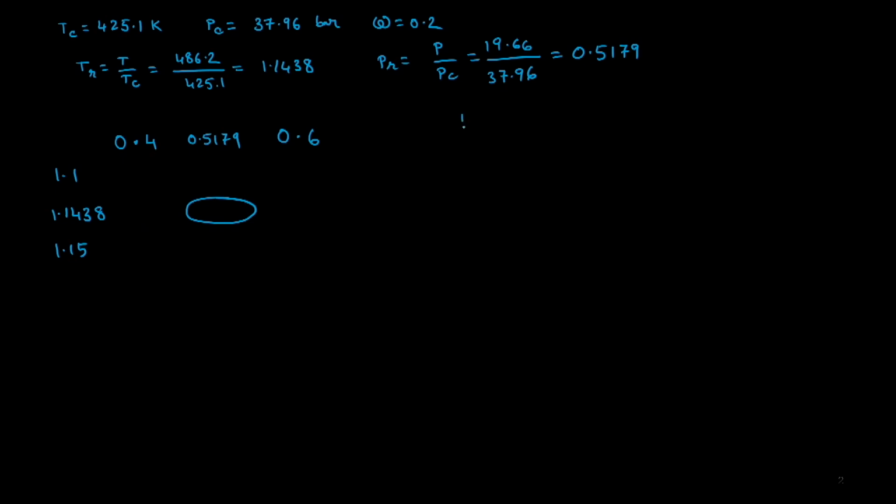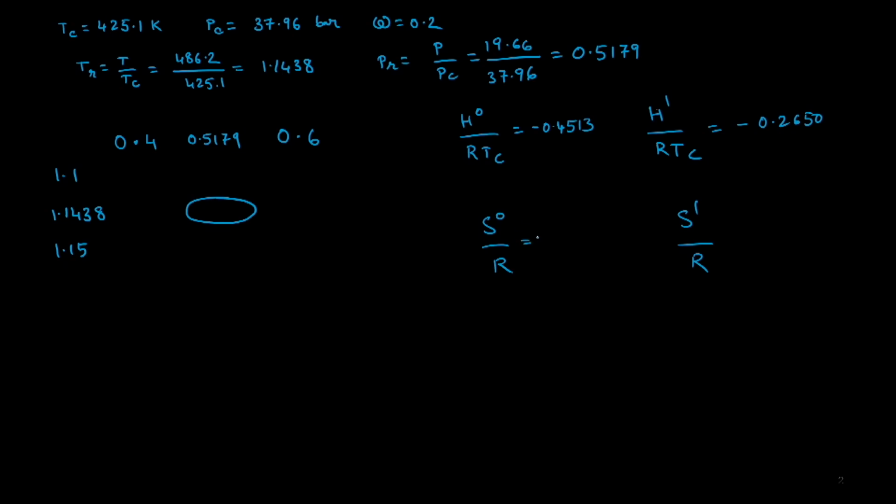And using that double linear interpolation, I will get the value of HR naught over RTc and HR1 over RTc, SR naught over R, and SR1 over R at the condition of my interest, which is Tr of 1.1438 and Pr of 0.5179. And at these conditions, the numbers I get are negative 0.4513, and this is negative 0.2650.